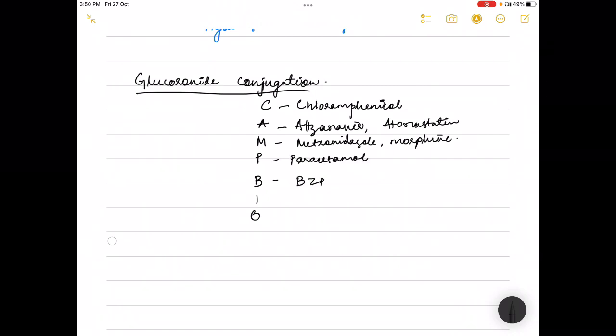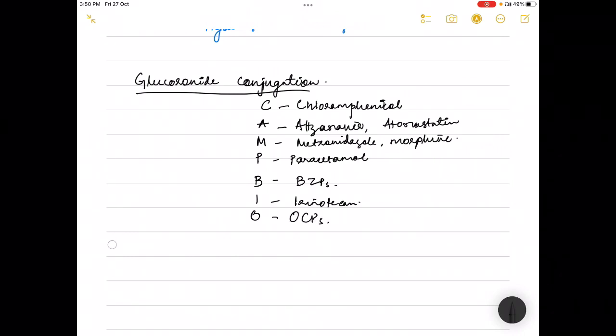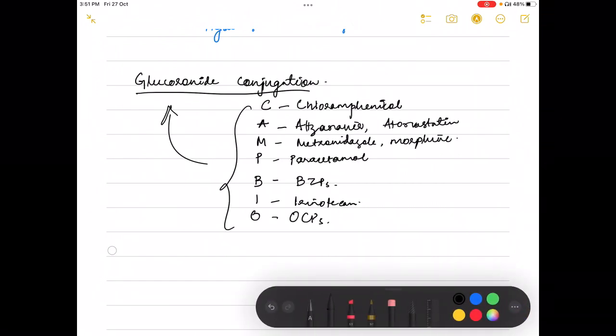B for benzodiazepines. I for irinotecan and O for oxazepam. So these are the drugs which are metabolized by glucuronide conjugation: chloramphenicol, atorvastatin, indinavir, metronidazole, morphine, paracetamol, benzodiazepines, irinotecan, and oxazepam.